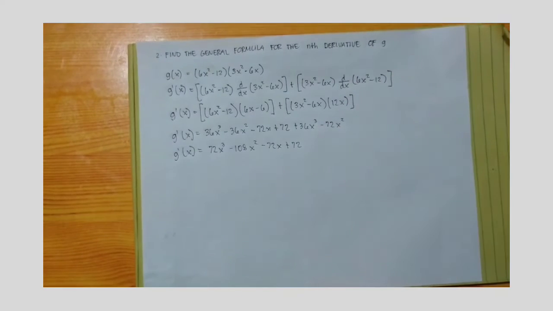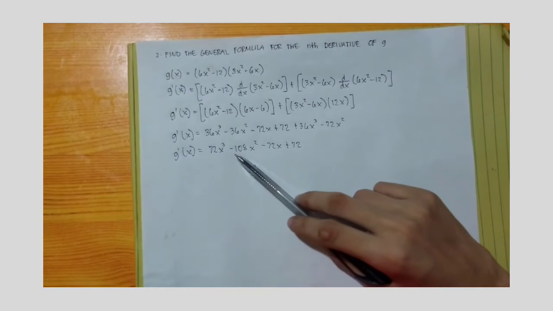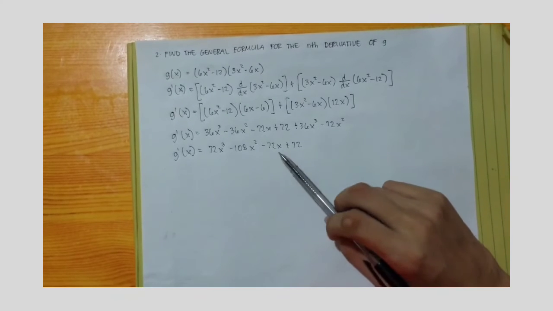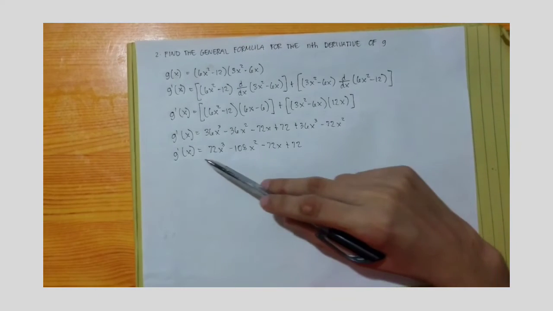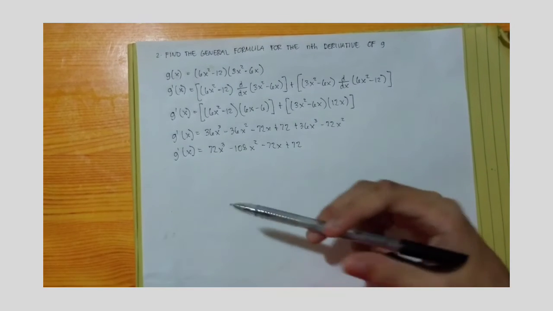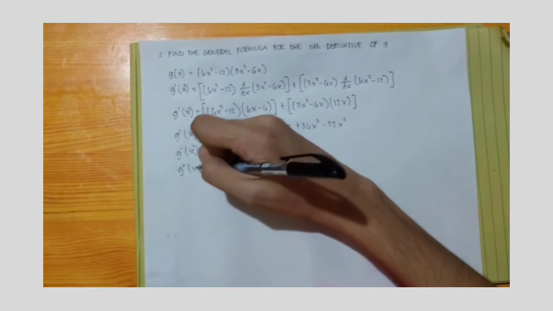Therefore, the first derivative of function g prime of x is equal to 72x cubed minus 108x squared minus 72x plus 72. Since it is not equal to 0, we need to differentiate it more until it is equal to 0. So we will have g double prime of x.